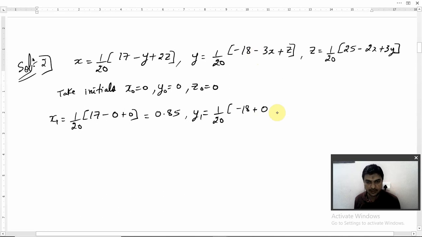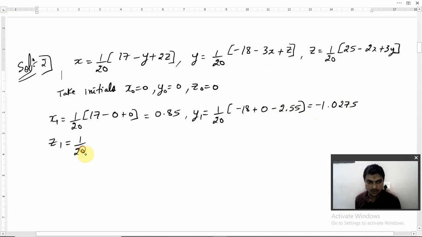Then we have minus 3 into x. Please note here, x we know already, it is 0.85. So 3 into 0.85, multiplied in the calculator, students, directly gives 2.55. So y1 is equal to minus 1.0275, you should get.